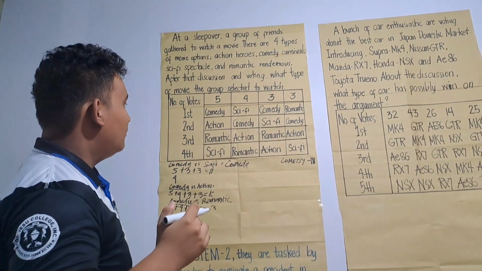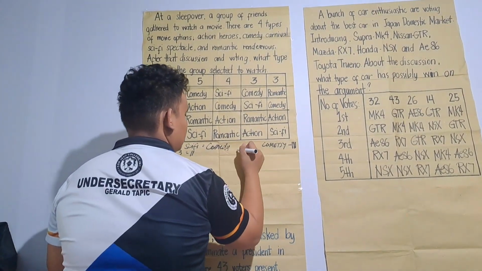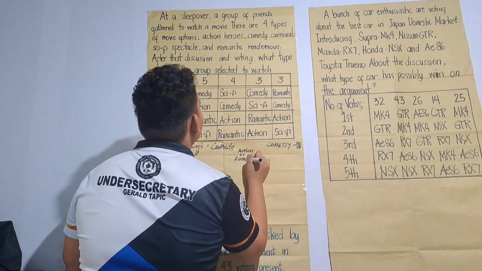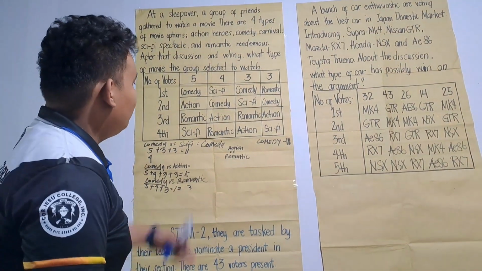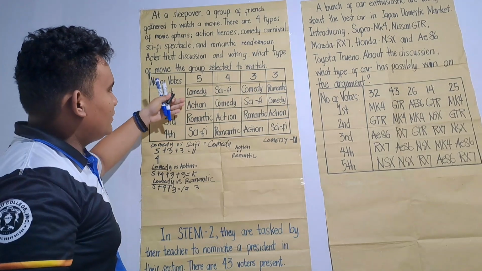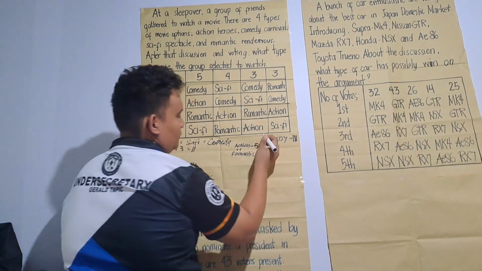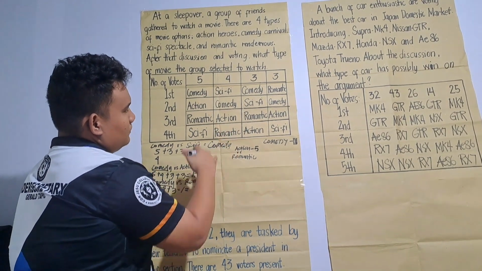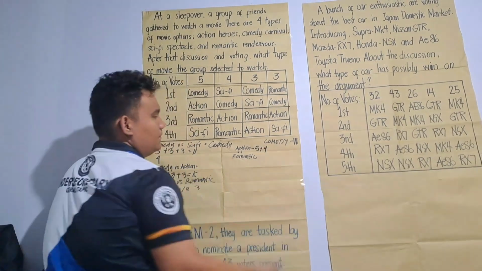So in the next matchup, let's match action versus romantic. In the table here, in the first column, action is first, meaning the 5 votes is going to action. Then, the second, action is first than romantic, so the 4 votes goes to action.